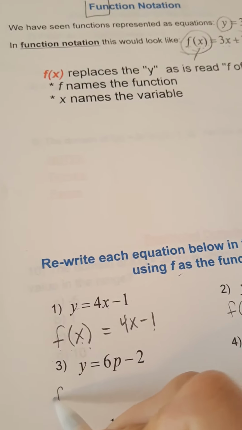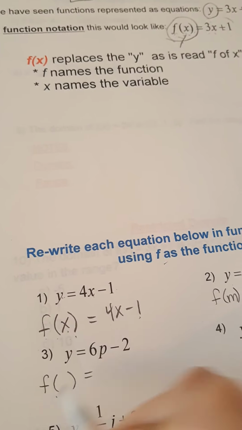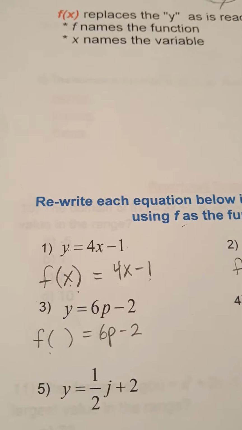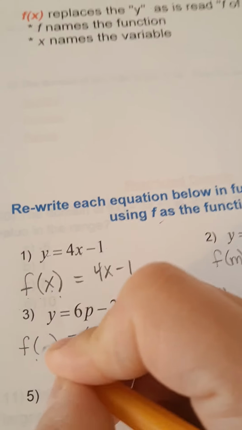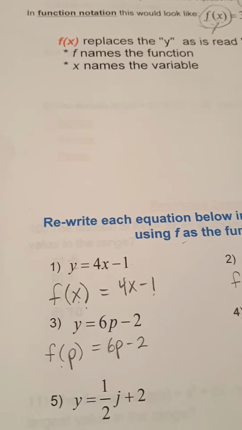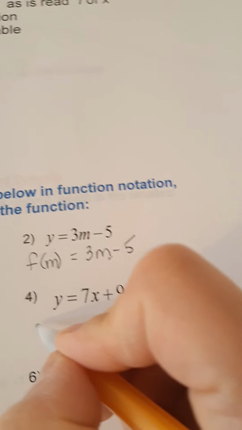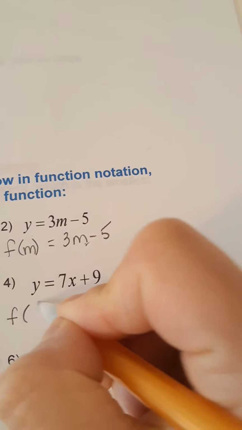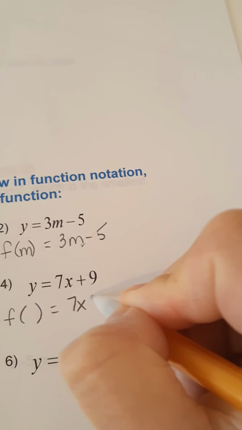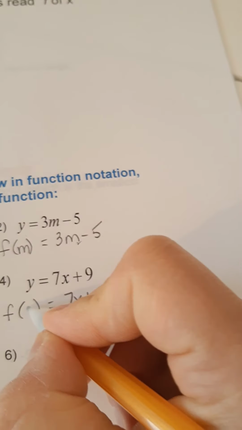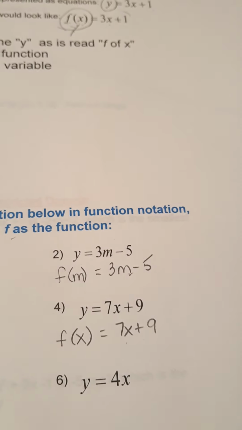Okay, so we're using f as the function, parentheses, 6p minus 2. The variable that's being used is p, so that's it. For number 4, it's going to be f, parentheses, 7x plus 9. The variable that's being used is x. There you go.